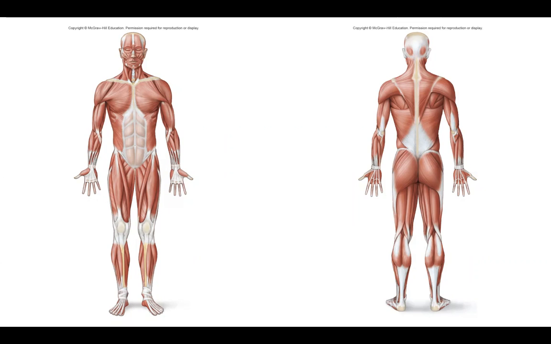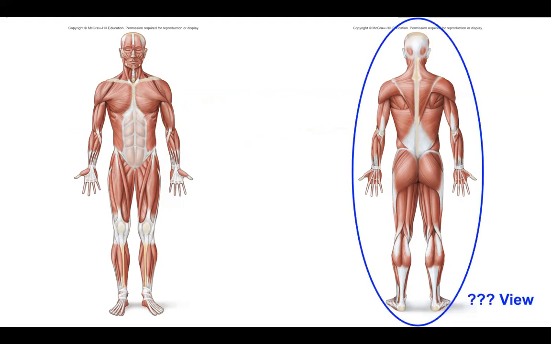All right, so first things first, we're going to take a look at these two diagrams. So we're looking at the human body, which is in anatomical position right here. And right here, we're looking at it from the front and from the back. All right, so first we need to classify what these views are.